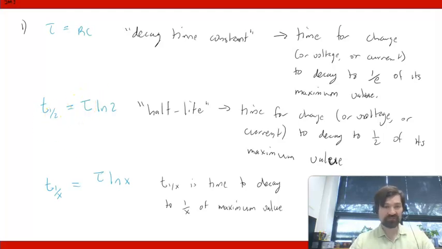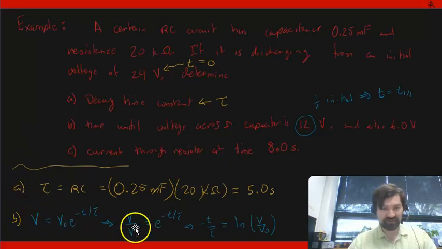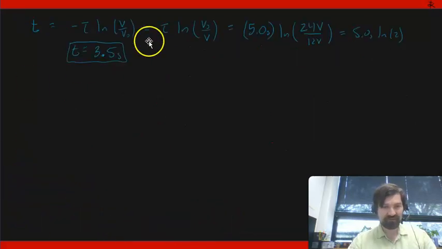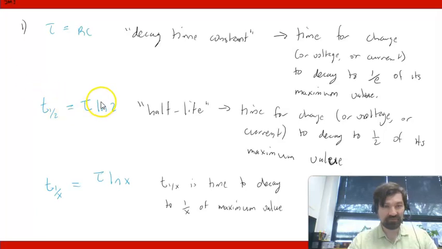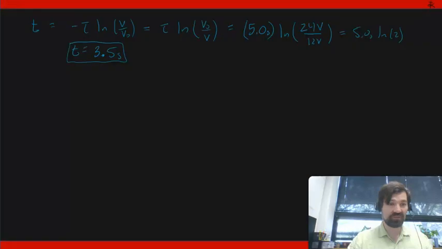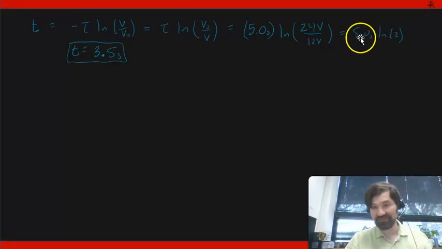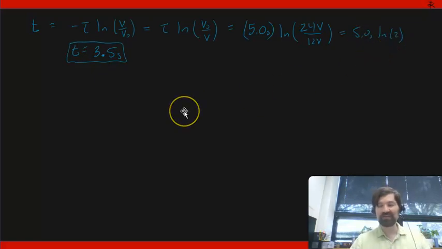Thus, we could have skipped all of this reasoning and simply looked at this, realized that we needed a half-life, and done tau times natural log of 2. And that gets us the same answer. In fact, we have tau natural log of 2 right here as the last line.